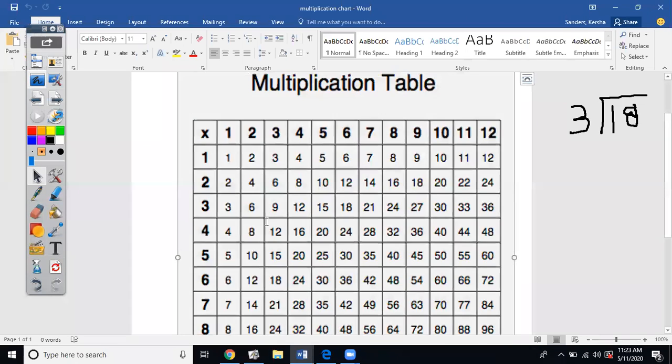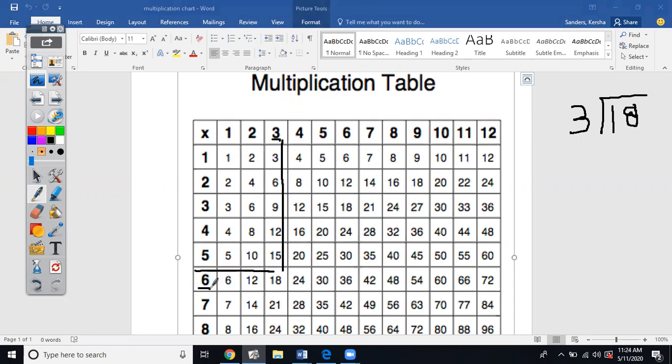Okay, so we're going to start with our divisor, which is 3. Go down until we see our dividend of 18. There's 18. Let's go across and see what our answer is.